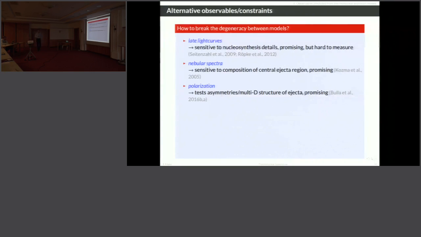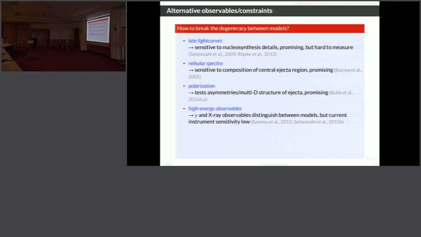So he took our models as input data, predicted polarization signals, and found that there are differences. The variant of the merger scenario that he actually took is rather asymmetric, and therefore would actually fit only the highly polarized observed supernovae, well, at least highly as much as it gets for Type Ia supernovae, which overall have a rather low polarization. And the other 2 models actually agree very well with the low polarization that is seen for normal Type Ia supernovae.